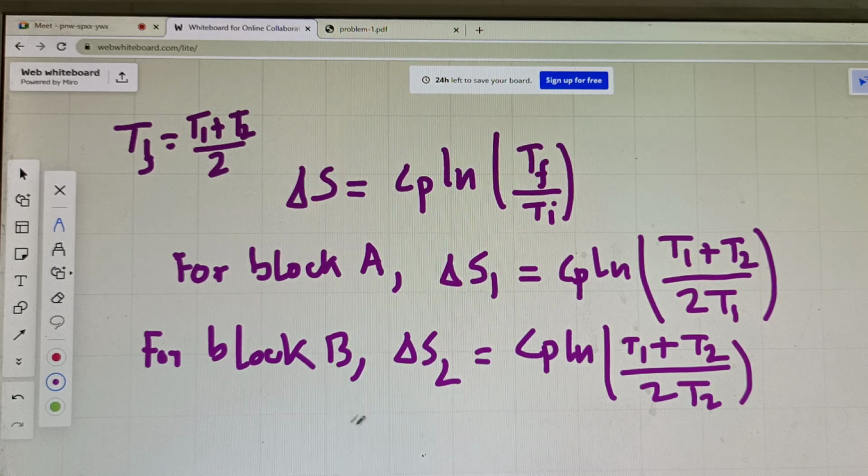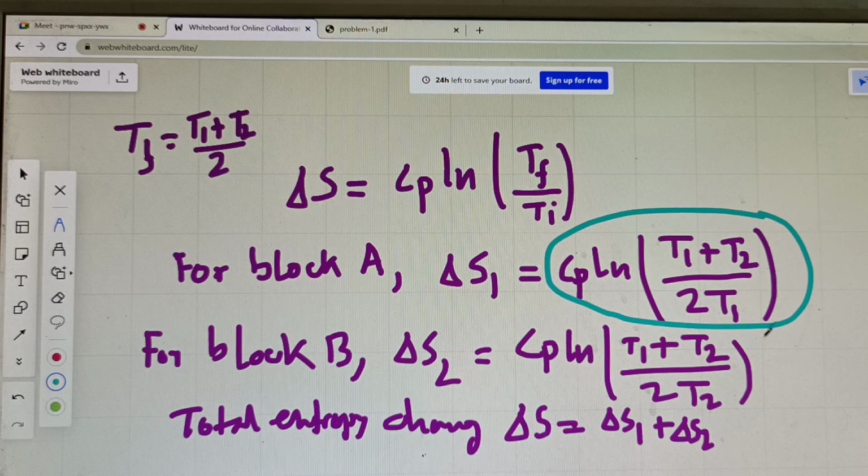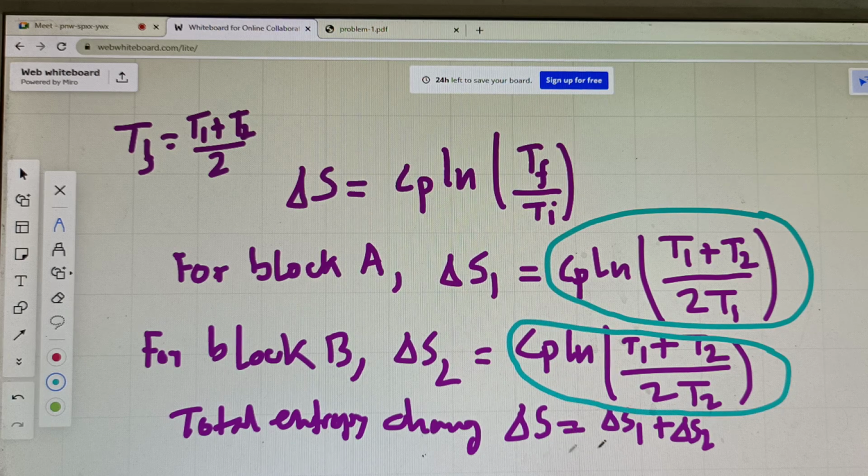Okay, so the total entropy change, that is delta S, is equal to delta S1 plus delta S2. So we have to add this one and this one.